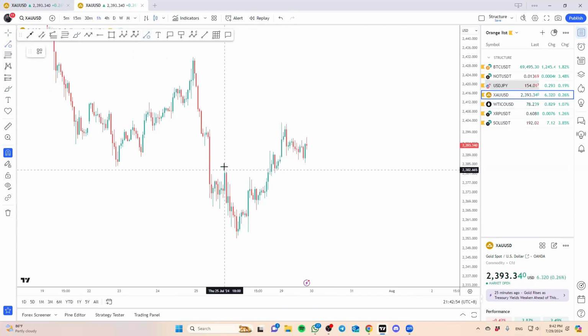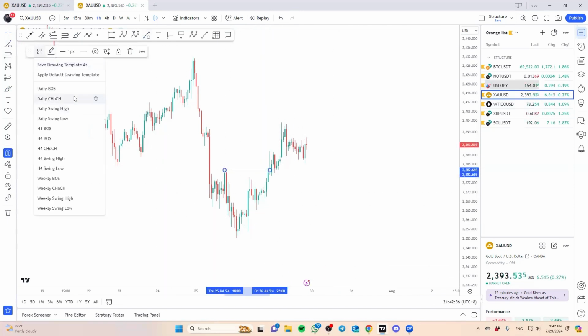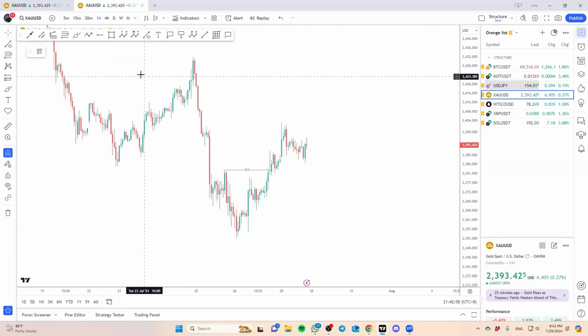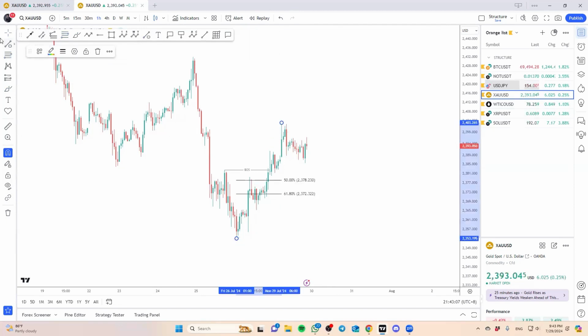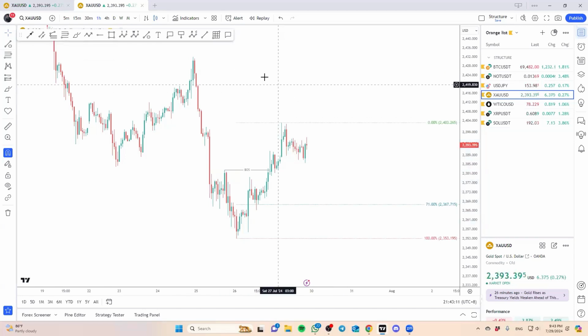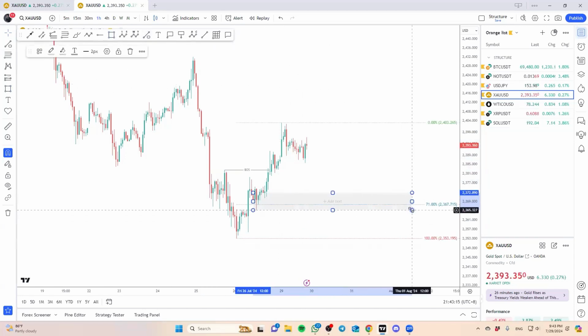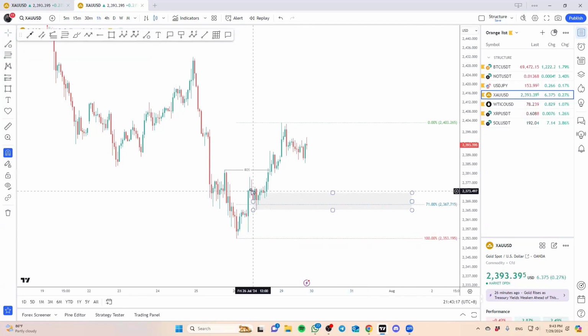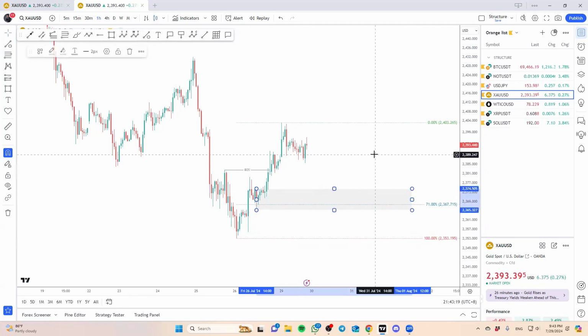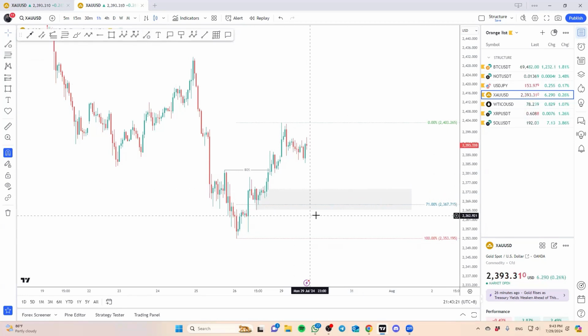Okay, I mean, we do have some confirmation that the market is shifting higher. If I just pull in this fib here first, right? Swing low to swing high. We do have a little bit of a confluence where this 71 fib comes in towards where the previous, I would say, demand or the block is.